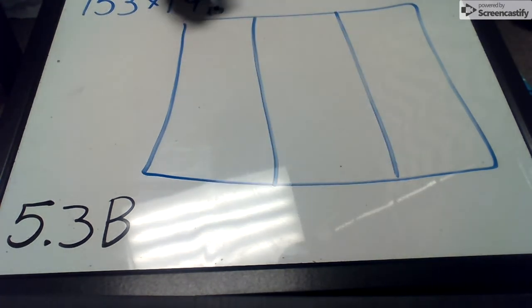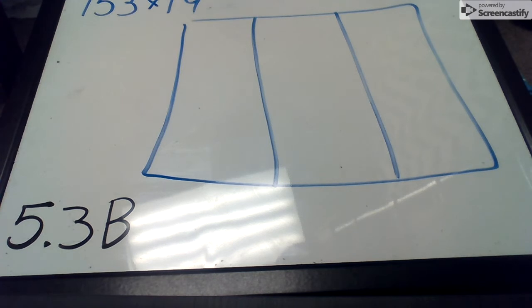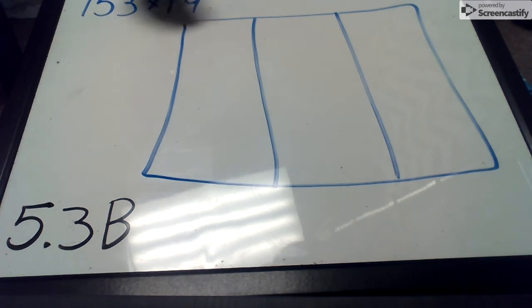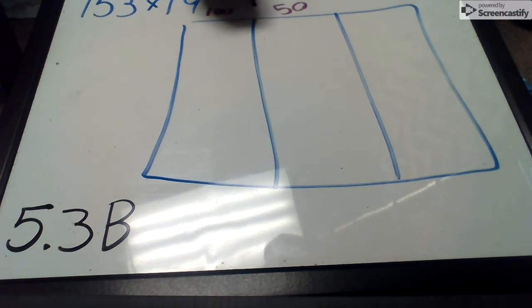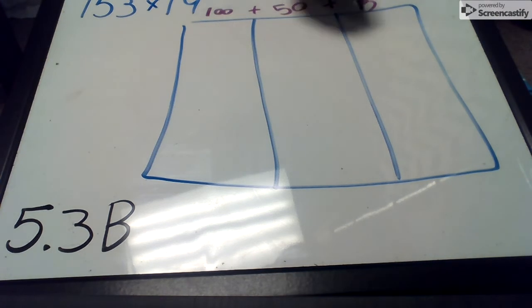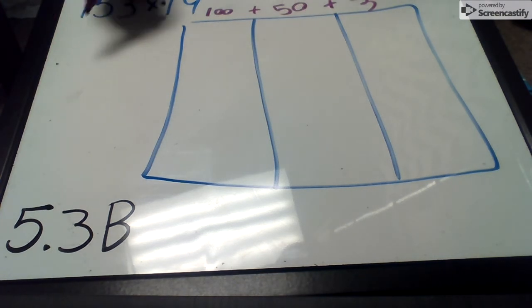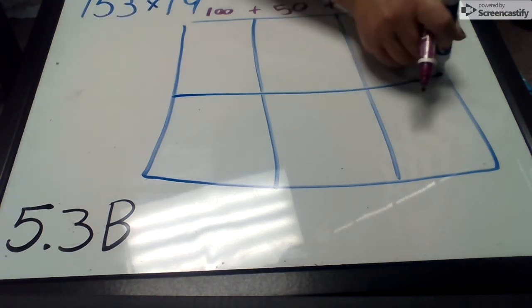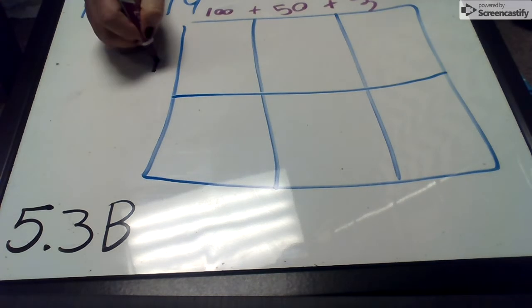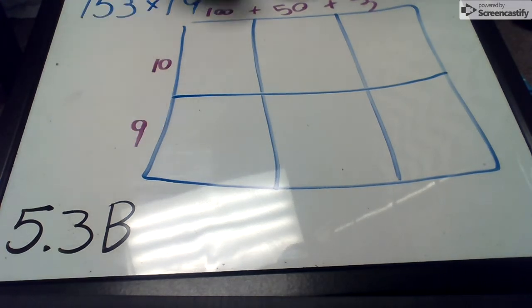So this is going to be 100 plus 50 plus 3. And this is going to be two boxes for 19, 10, and 9.